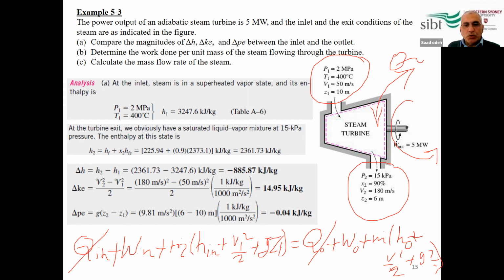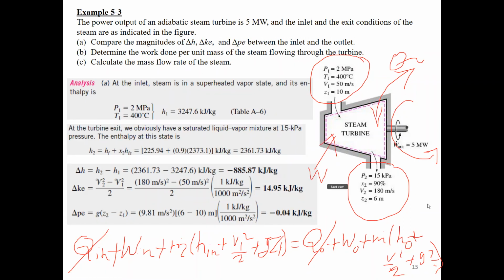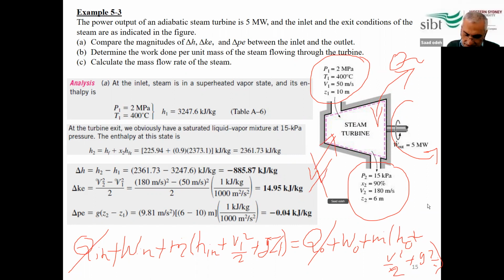Do we have any work input to the system? Anyone can help me? Is there any work input to the system, W? Do we have W in to the system? No, correct? So there's no W in. So I can remove this as well. Do we have W out?